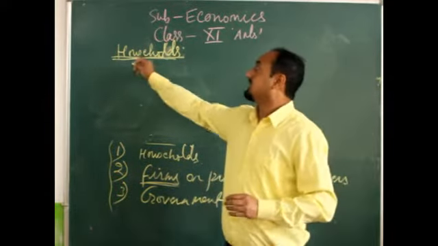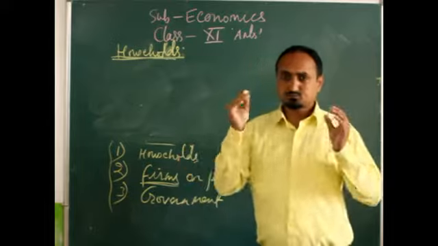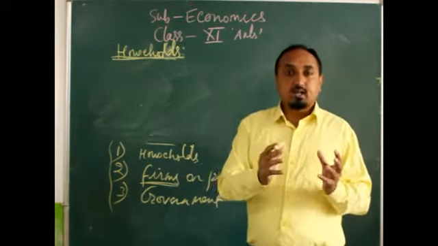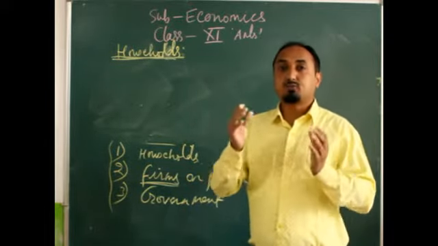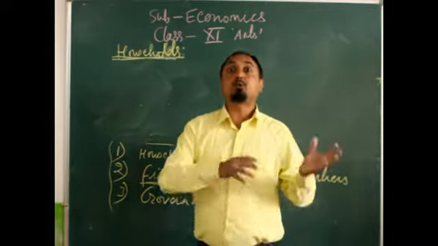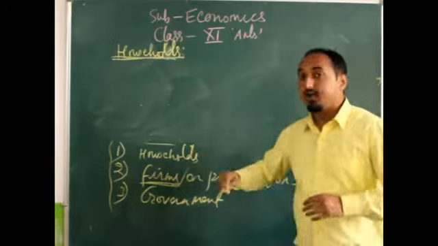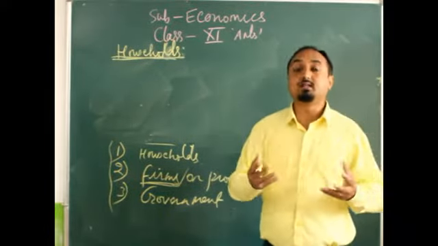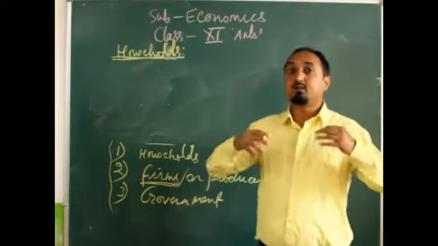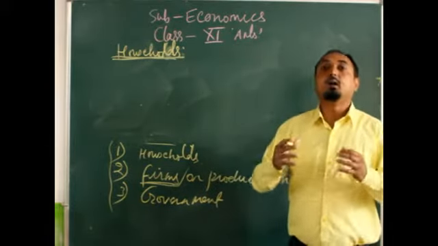So households provide various types of services as well as factors of production to the firms or production units, and the production units will use those factors of production and produce.